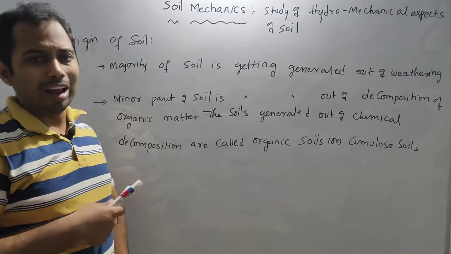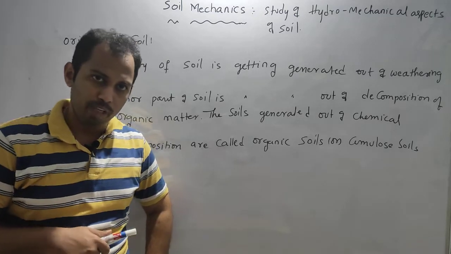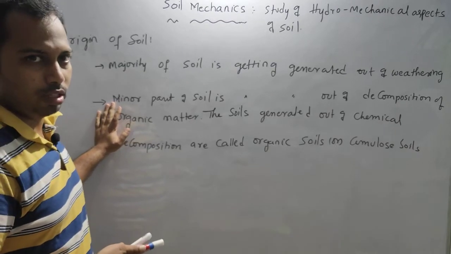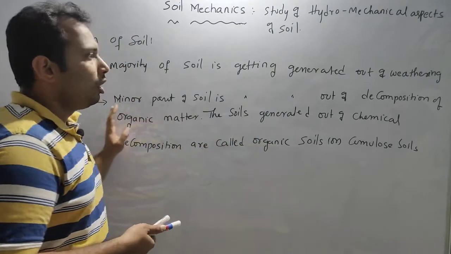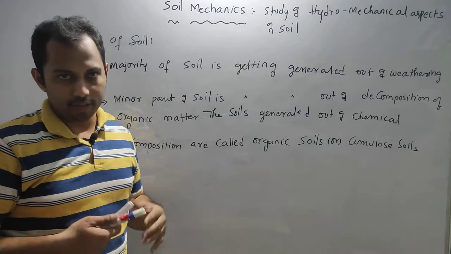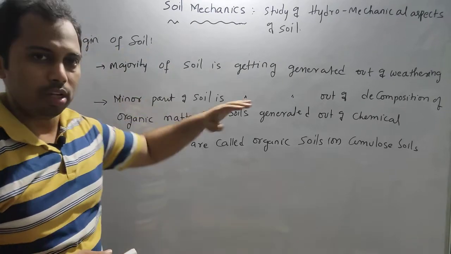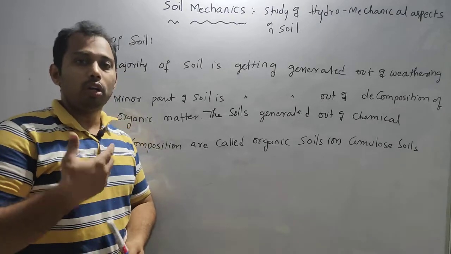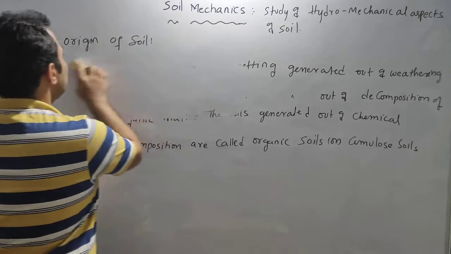All these are unfavorable factors from a structural point of view, so we cannot construct any structures on this kind of soil. That is why we don't focus on the properties of this soil. We will discuss more about the weathered soils. Let us see what weathering is, what the types of weathering are, and what different soils are generated out of weathering. So, weathering of soil.